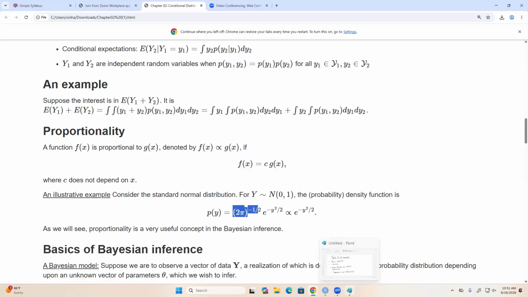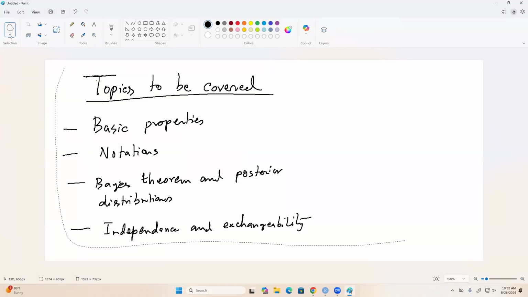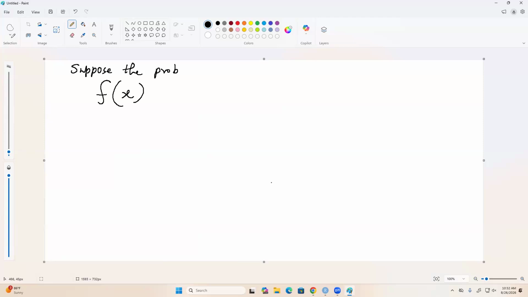Now, let me give you another example. Suppose the probability density f(x) of a random variable is proportional to e to the power minus x squared over 1.5.